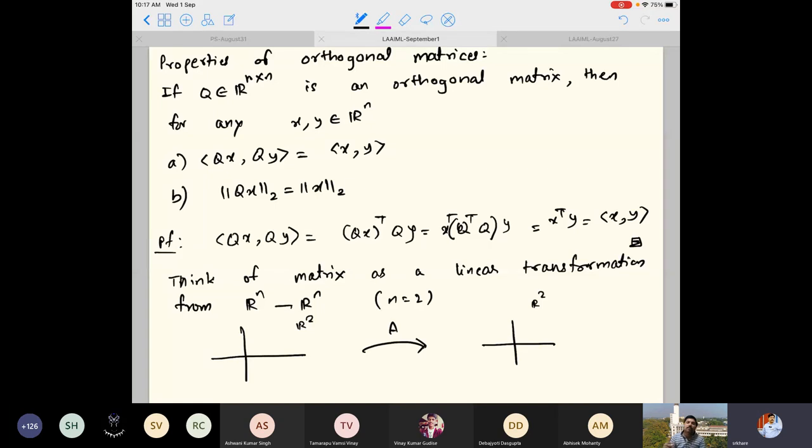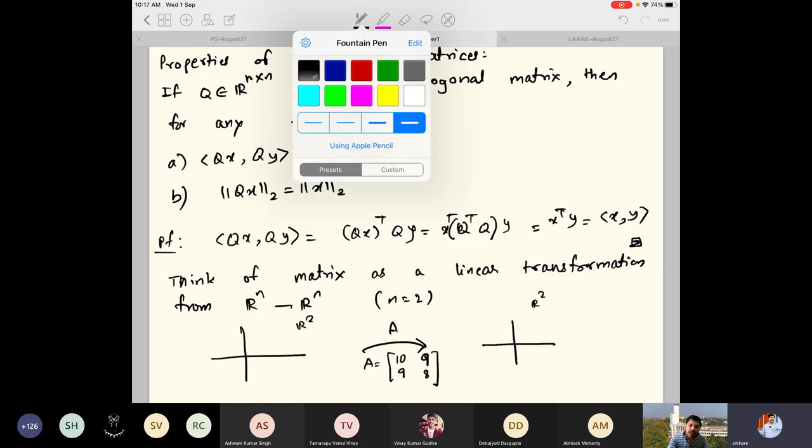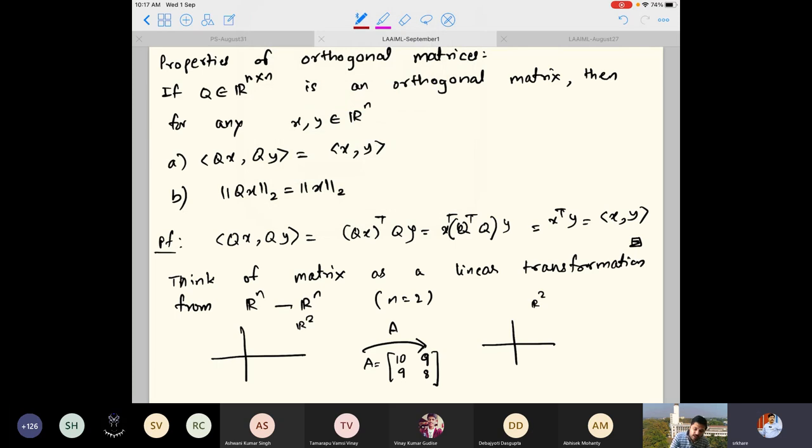But if you see several linear transformations, in particular, if I take A equal to [10 9; 9 8], can you tell me what is the action of this matrix on certain vectors? For example, what will happen to the vector (1, 1)? The vector (1, 1) is here.